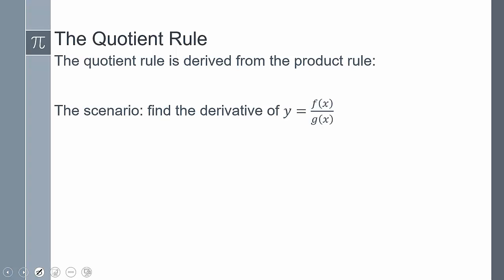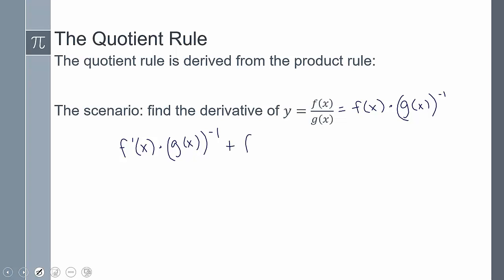So let's just say I wanted to differentiate f of x over g of x. Well, this is the same as f of x times g of x, all to the negative first power. If I were to use the product rule, that says the derivative of the first times the second plus the first times the derivative of the second.